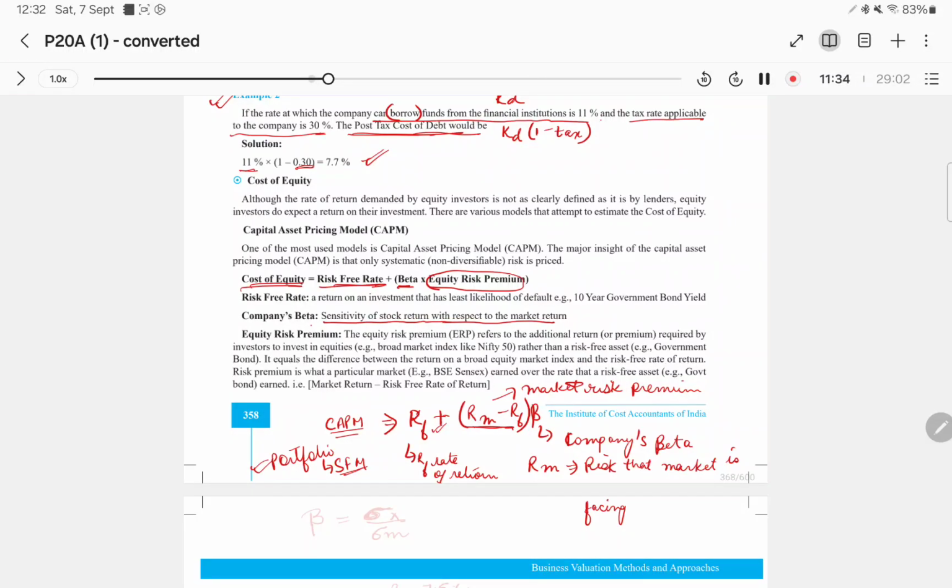In exam, even what you have learned in portfolio, the question can be like find the beta. How will you find it? Sensitivity means standard deviation, which is represented by this sign. Standard deviation of stock return with that of standard deviation of market return.